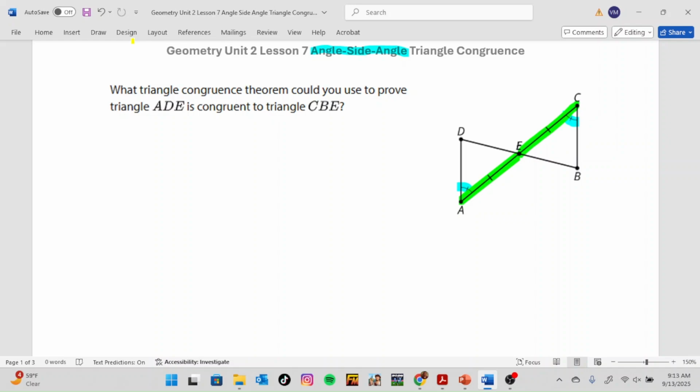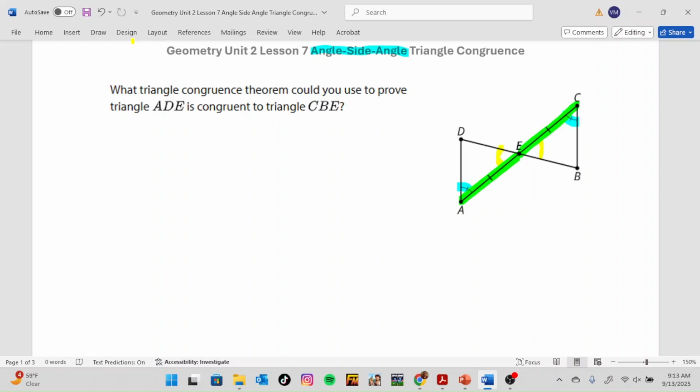And so when I have two straight lines transecting each other, then the opposite angles are going to be congruent because those lines are splitting each other. So now I know that angle A is congruent to angle C.